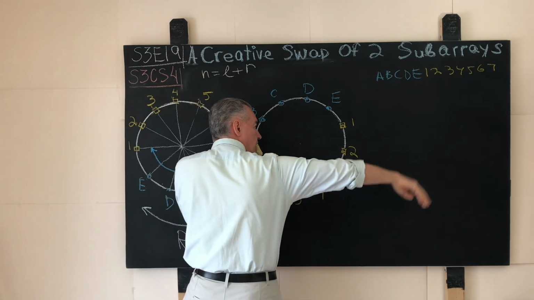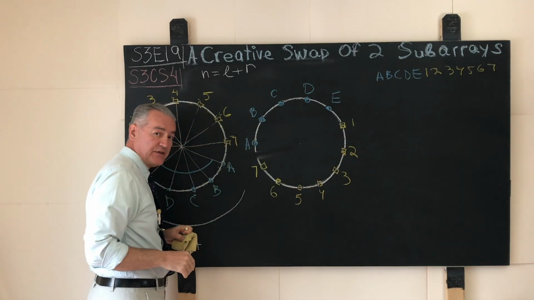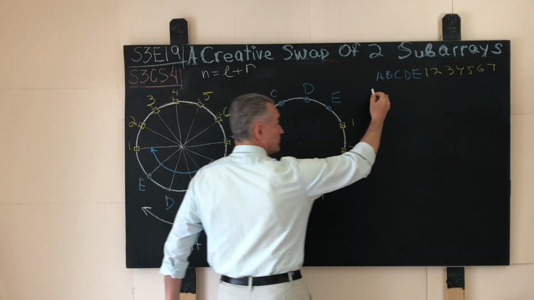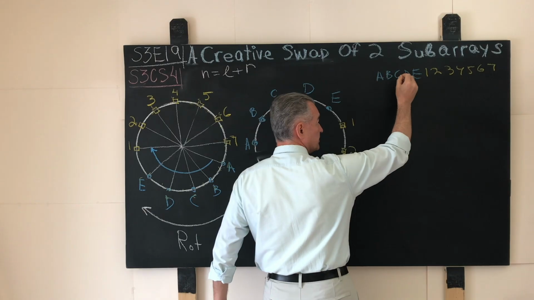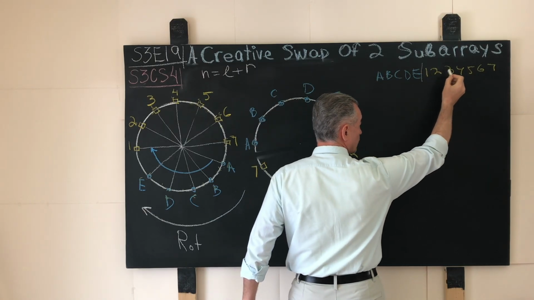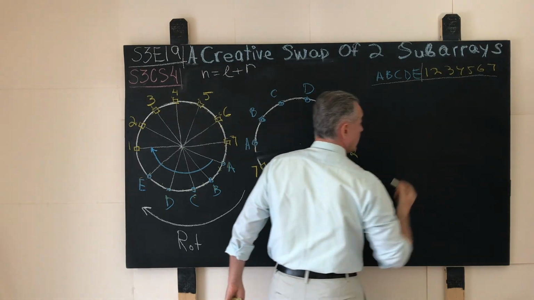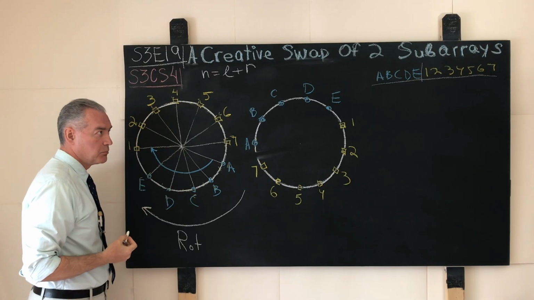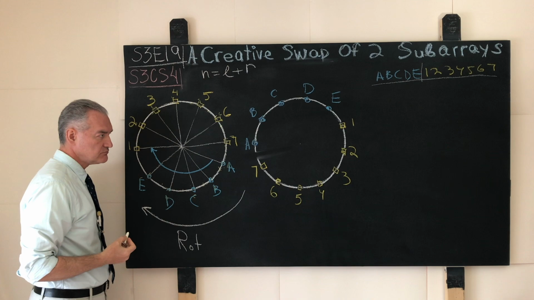We straighten our circle into a straight line, again into the original linear container, and voila, as if by magic, what do we have? We have exactly the linear container that has its elements ordered A, B, C, D, E, and then 1, 2, 3, 4, 5, 6, 7, problem solved. And this is also done in place. We will do that manipulation in place.